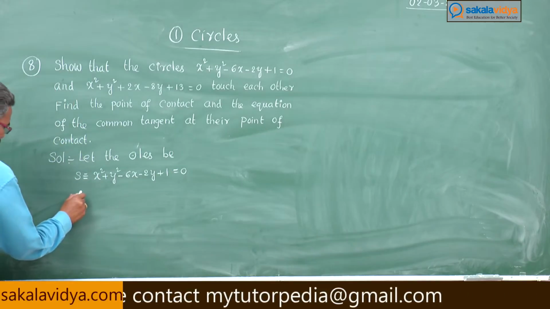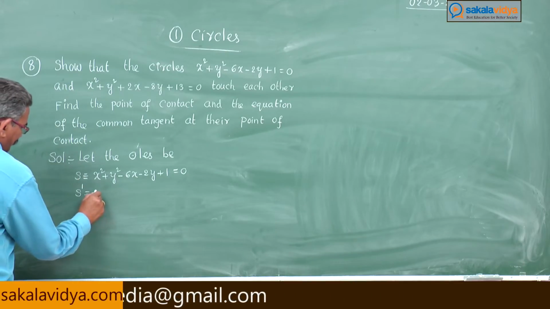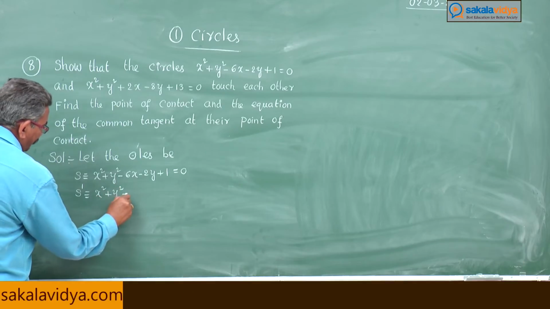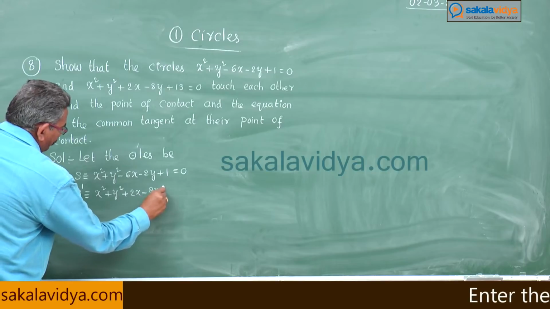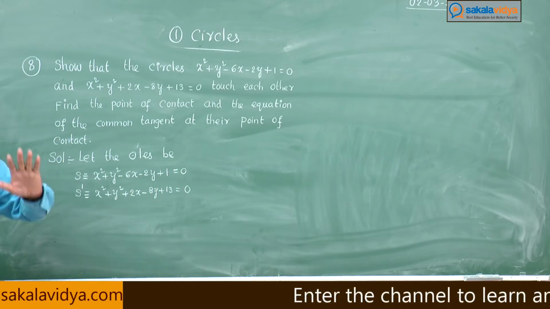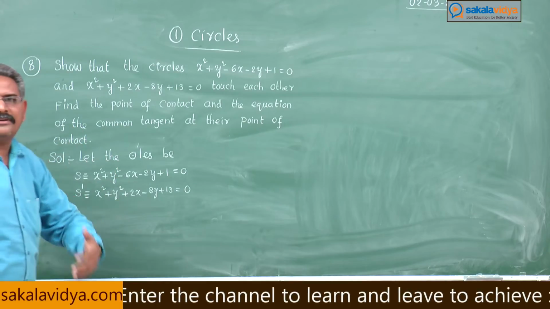I already told you, the second circle is obvious. This is S dash: x square plus y square plus 2x minus 8y plus 13 equals to 0. You need not worry, they are in general form itself only.